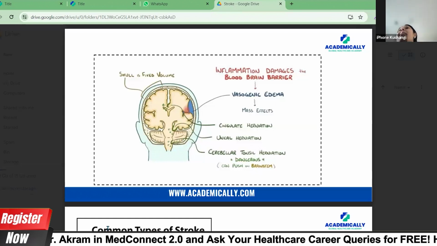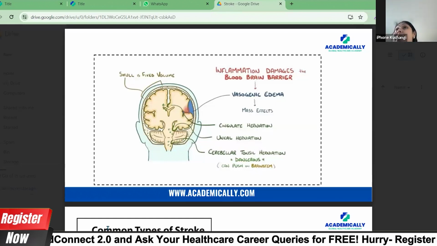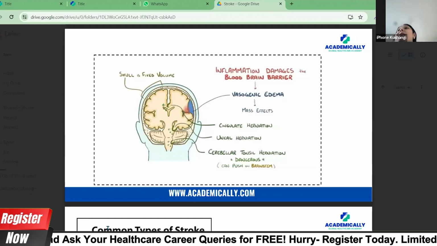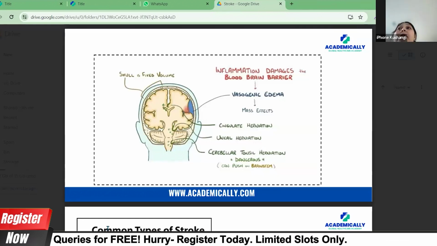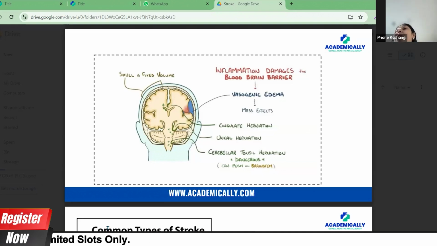In turn, it damages the other brain cells, and thus it causes the stroke. So this is another pathophysiology where you might see stroke occurring secondary to infection.